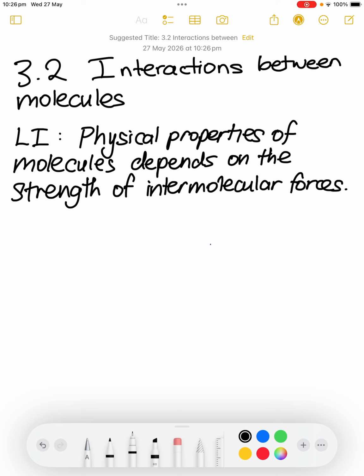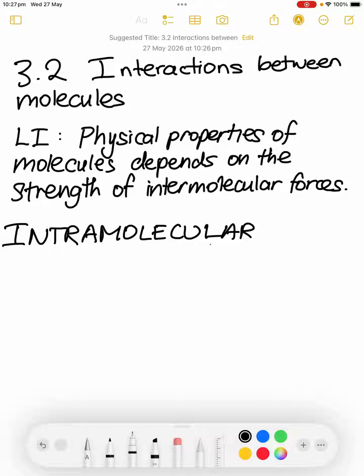All right. So going on, there's really two types of electrostatic forces present in a lot of materials. Firstly, we've got our intramolecular forces. Now we looked at covalent bonding, ionic bonding, metallic bonding.